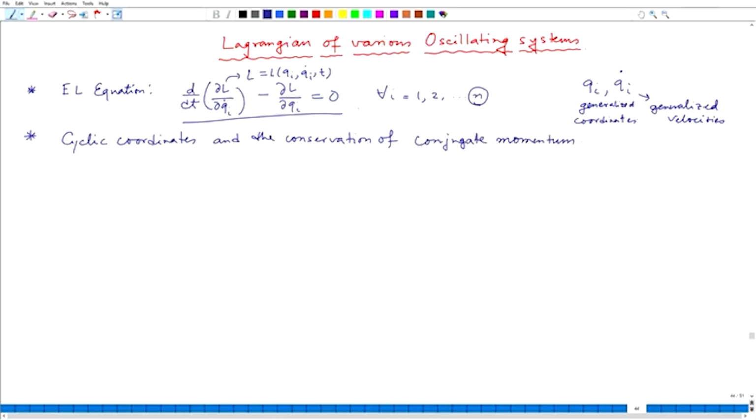That means, if a certain q_i, let us say q_i star, is not explicitly present in the expression of Lagrangian, then this is called a cyclic coordinate. If the system has more than 1 degrees of freedom, it is possible to have more than one cyclic coordinate. Then if there is a cyclic coordinate q_i star, then p_i star, which is nothing but ∂L/∂q_i star dot, is a constant of motion.